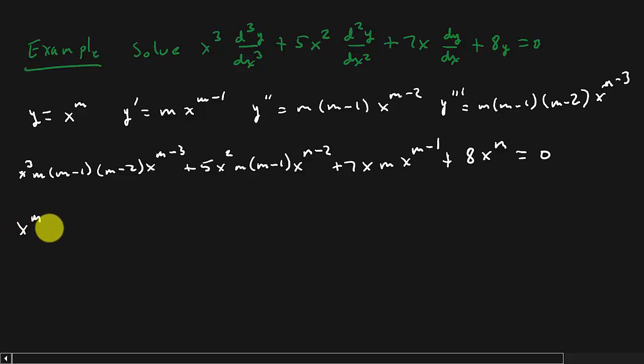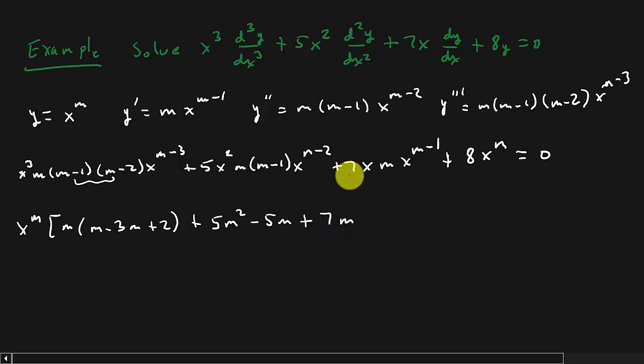So I get x to the m times m minus 3m plus 2. I foiled those two. Okay. And then plus 5m squared minus 5m plus 7m, yep, plus 8 equals 0.